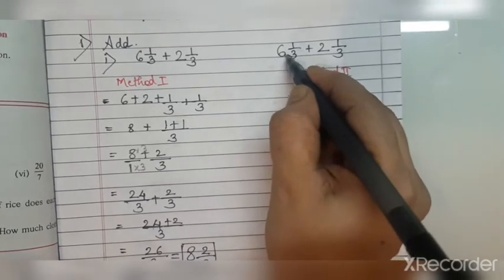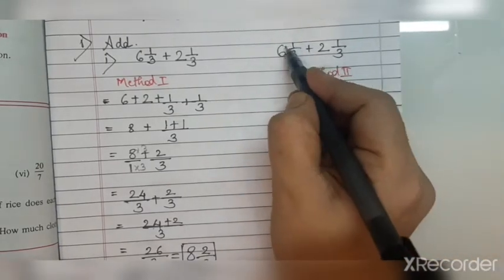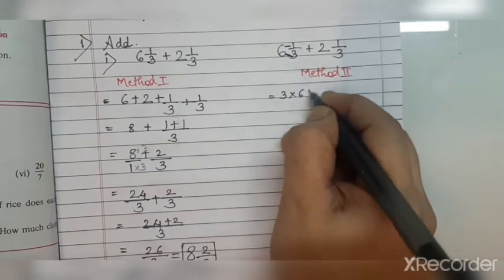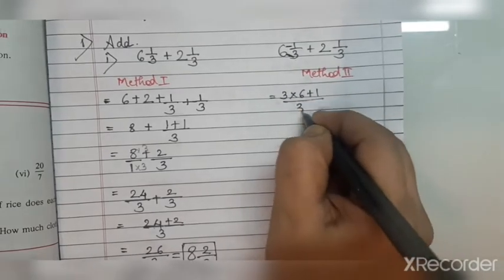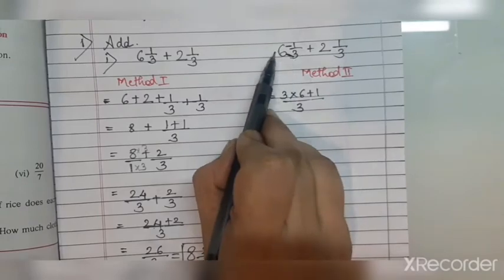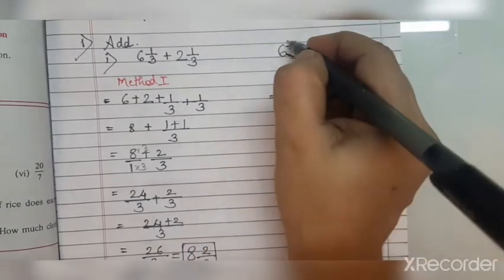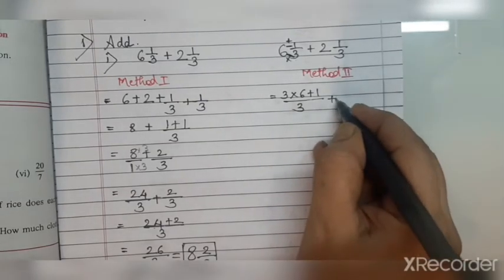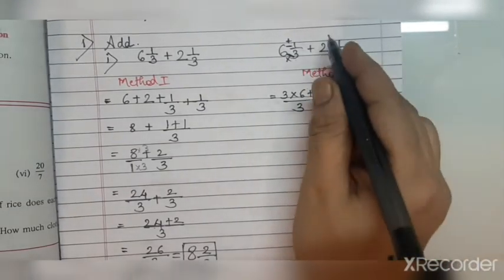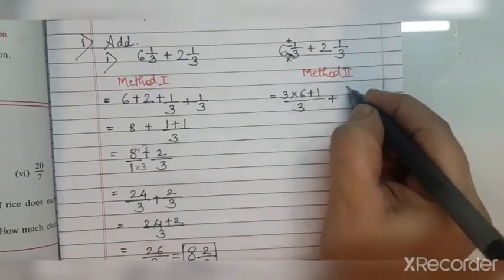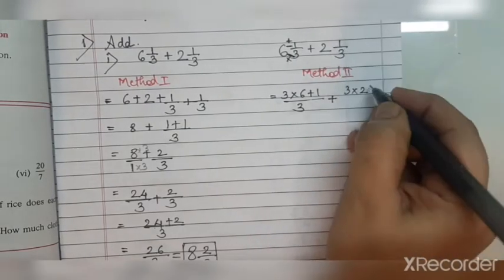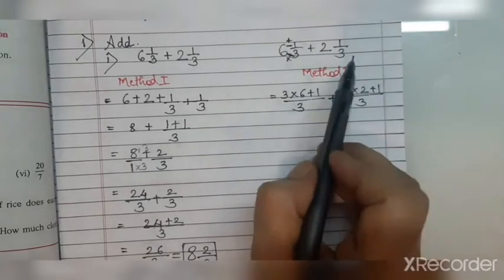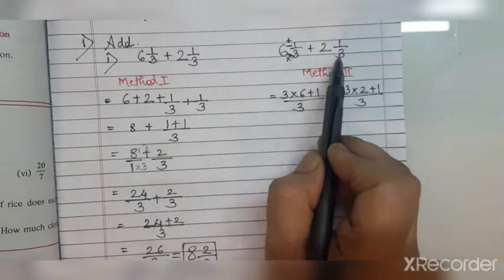So 3 multiplied by 6 plus 1, upon the denominator 3. So here we multiply, then add. Same thing here for the second number. 3 multiplied by 2 plus 1 upon the denominator, that is 3.